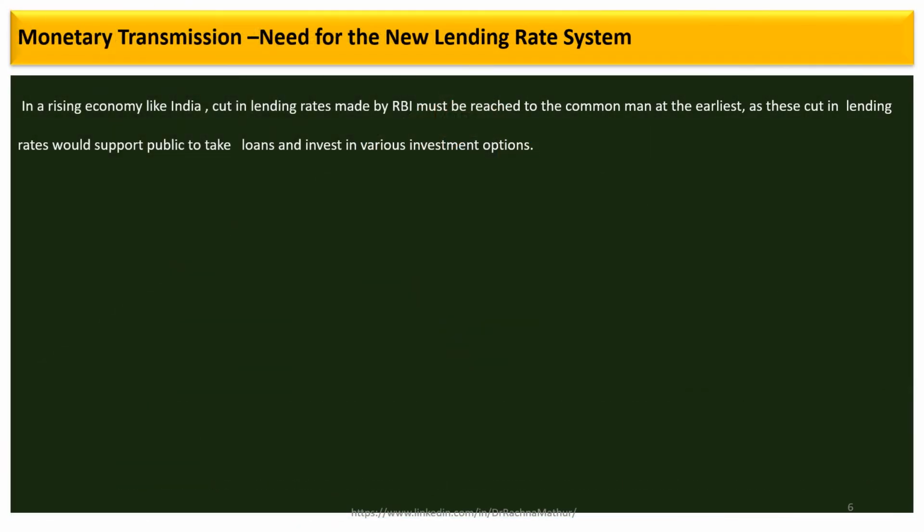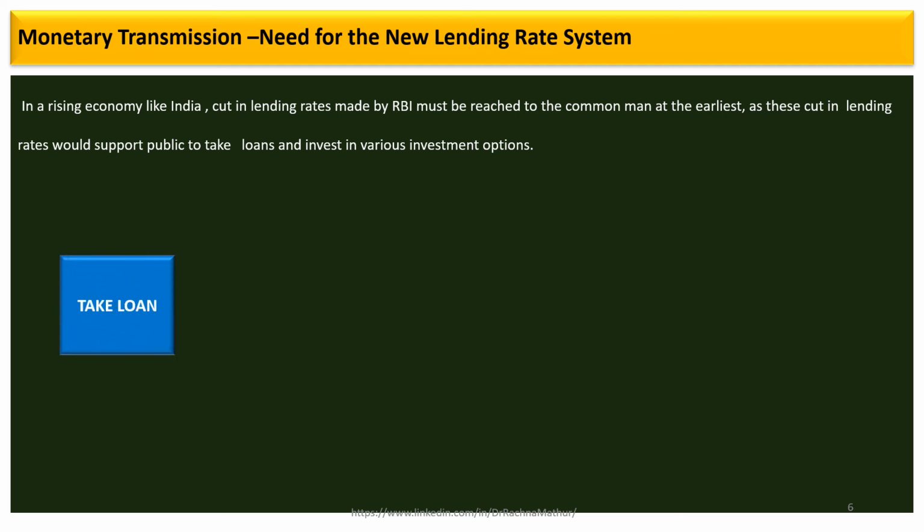So the slow and incomplete transmission in the base rate system led to the need for a new lending rate system. Why was there a need for a new rate? Because in an economy like India, a cut in the lending rate made by the central bank must reach the common man at the earliest, as these cuts in lending rates would support the public to take loans and invest in various investment opportunities.